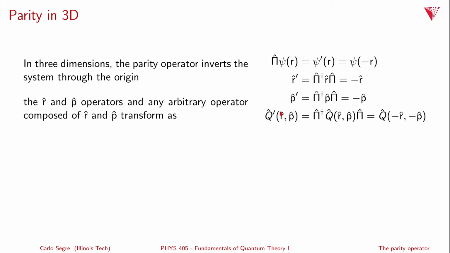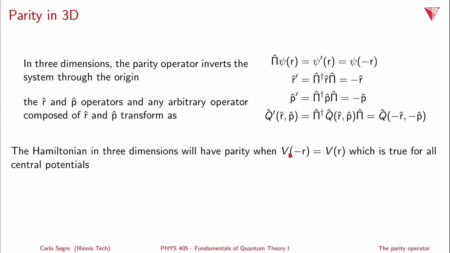That means that q prime, as before in 1 dimension, when you transform it, you get q of minus r and minus p, which is equal to q prime of r and p. So the Hamiltonian in 3 dimensions will have parity and will be commuting with parity when v of minus r is equal to v of r.